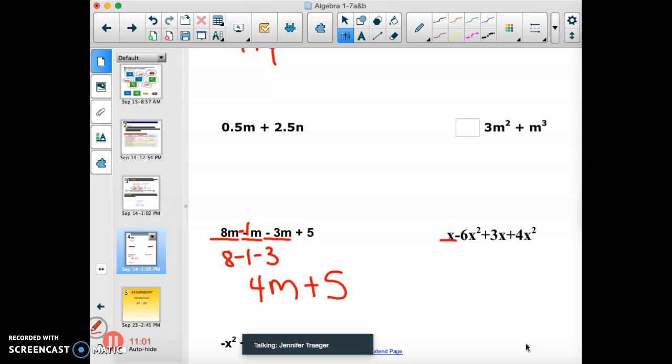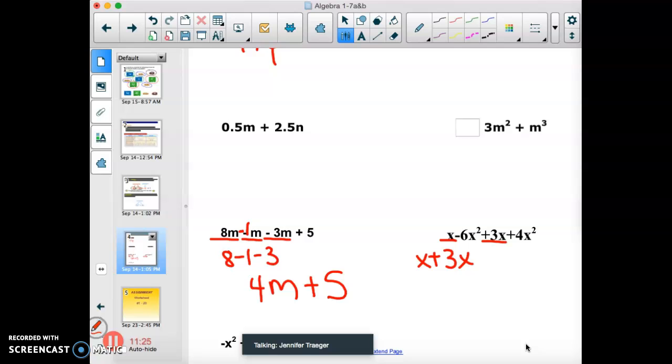Which one should go with the 1x? The 3x. Remember, this has to be exactly the same. What I like to do at this point is rewrite that and put those right next to each other: x plus 3x. I want those piles next to each other.